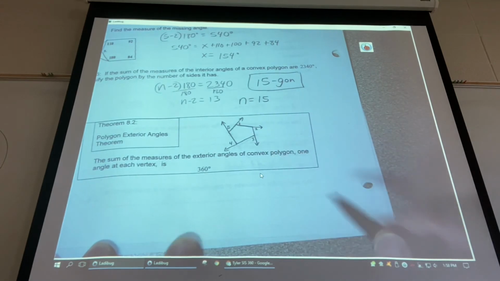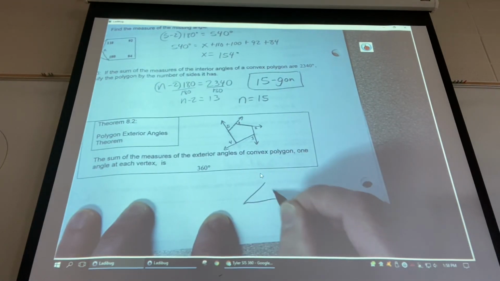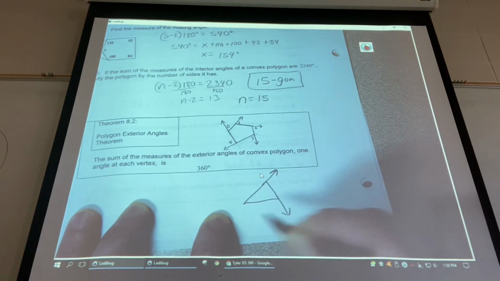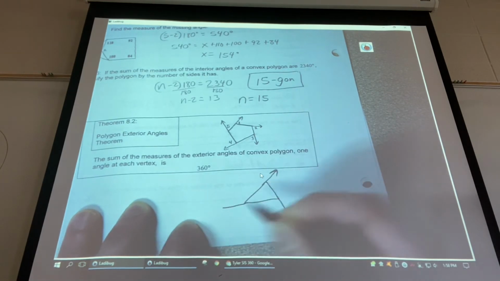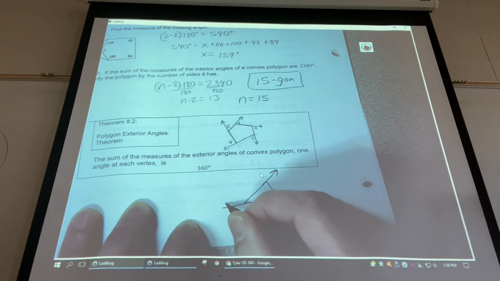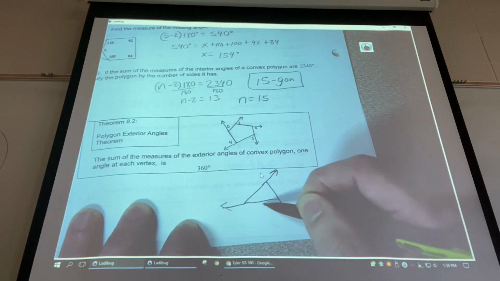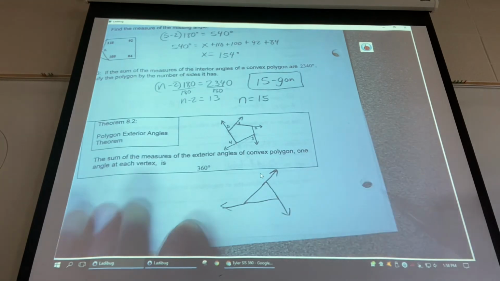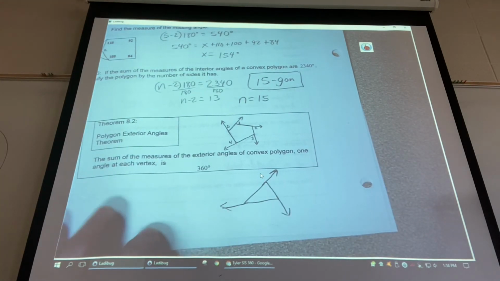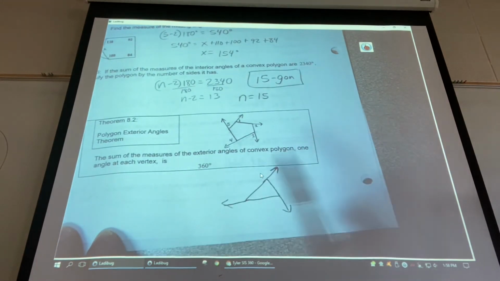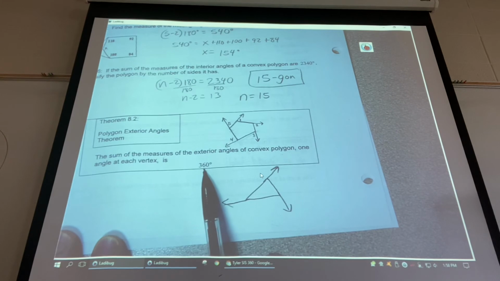If you have a triangle, you can draw this out real quick. If you have a triangle and you draw the exterior angles, you're still going to end up going in a what? In a circle. You start this way, you go this way, you go this way, and then you end up back where you were. That's 360 degrees. No matter how many sides it has, what are they all going to add up to?